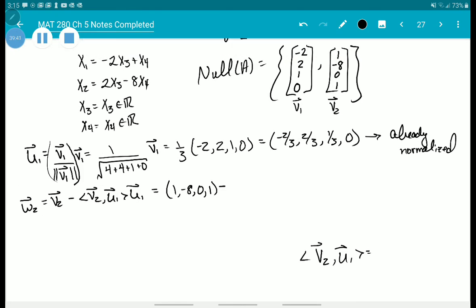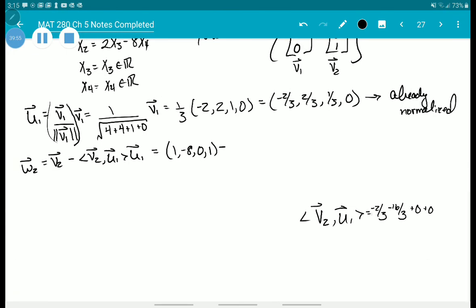So we have 1 times negative 2/3, negative 8 times negative 2/3, 0 times 1/3, 1 times 0. So negative 2/3 plus 16/3 gives... negative 2/3 minus 16/3 is negative 18/3. And that is equal to negative 6.